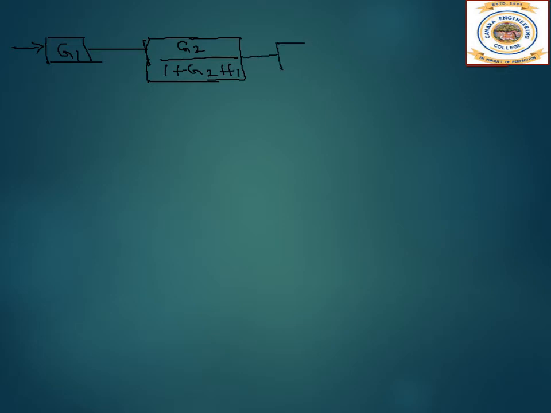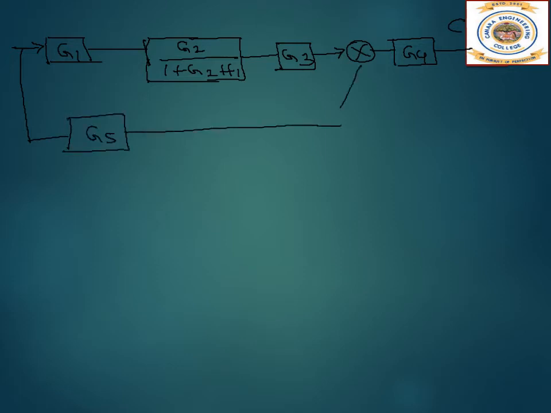Then we had a G3 block, and we had a summation point, and we had a G4 block, and this is the C here. Now see, I told you one is a forward path over here, where we have G5 going to this summation point here.